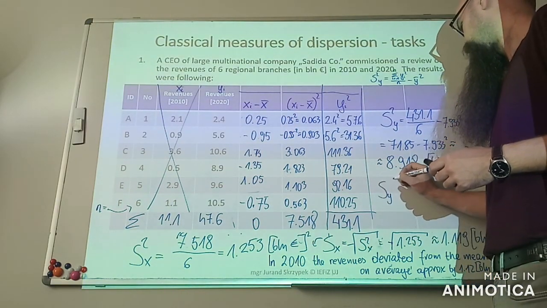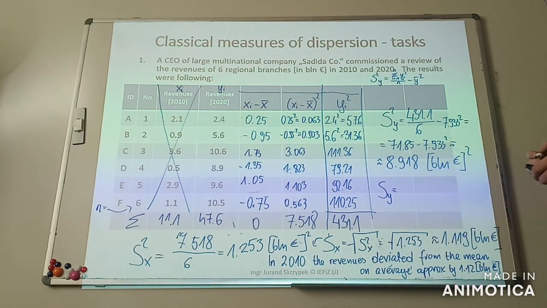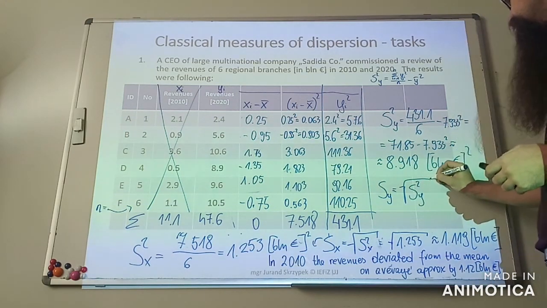The standard deviation of the revenues from 2020 is the root of variance.